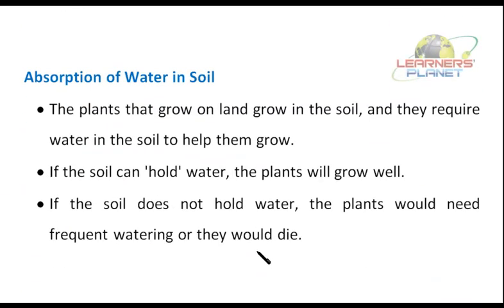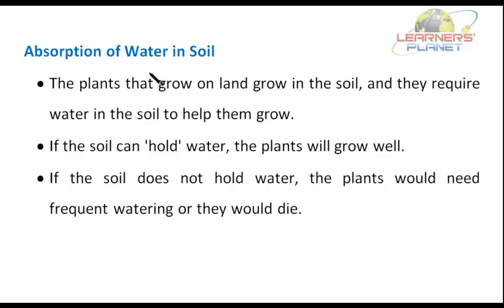The first property is absorption of water in soil. Now students, the plants that grow on land grow in the soil, and they require water in the soil to help them grow, right?